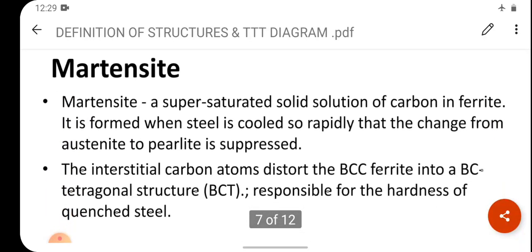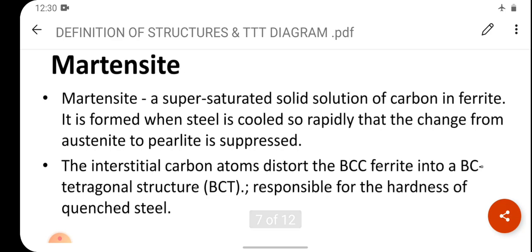Now we will discuss a very important term, that is martensite, which I haven't covered in the last video lecture. So this is the martensite. Martensite is a supersaturated solid solution of carbon in ferrite. It is formed when steel is cooled so rapidly that the change from austenite to pearlite is suppressed. इतनी जल्दी कूल किया जाता है कि ऑस्टेनाइट टू परलाइट बनता ही नहीं, वो मार्टेनसाइट में कन्वर्ट हो जाता है.